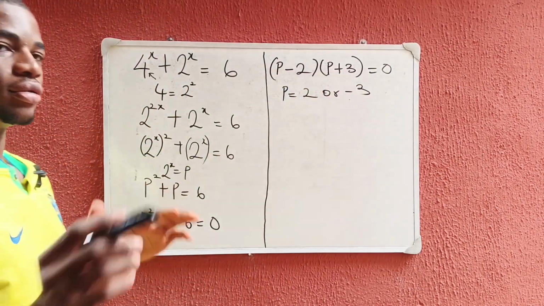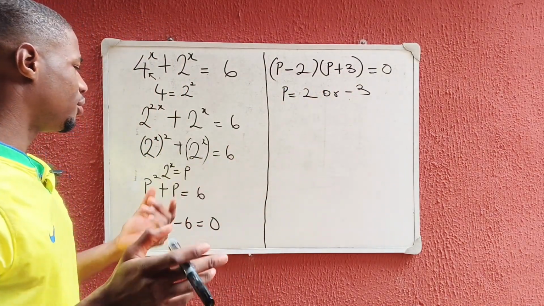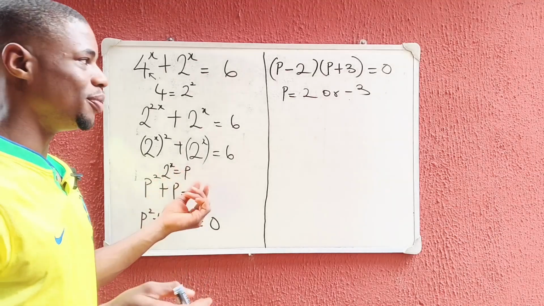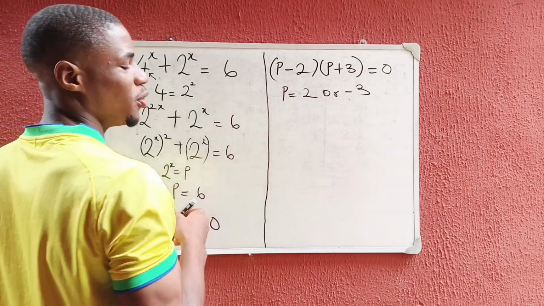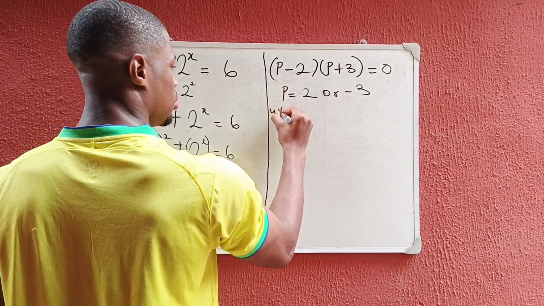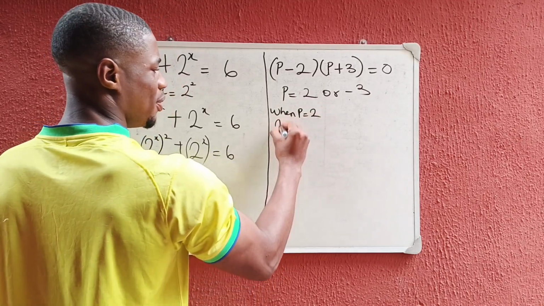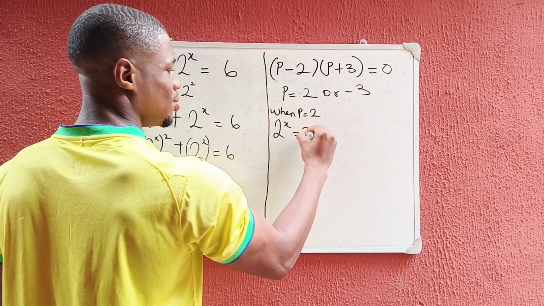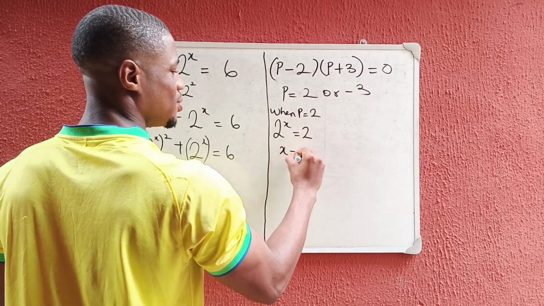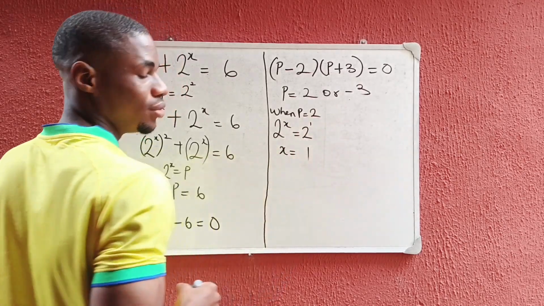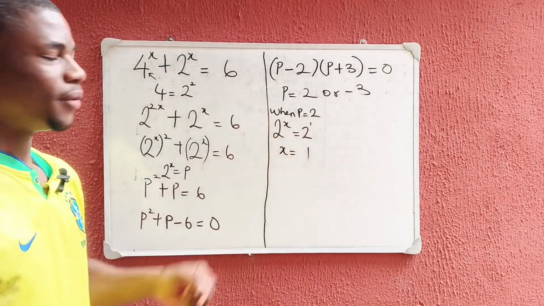Now, but recall that we said something in the beginning. Recall that 2 raised to power x is equal to p. So when p is equal to 2, it means that 2 raised to power x is equal to 2, hence x is equal to 1, right? You can see what we just did here.